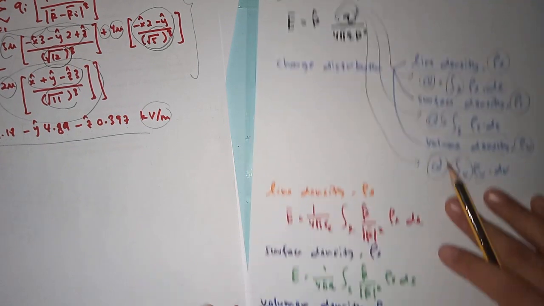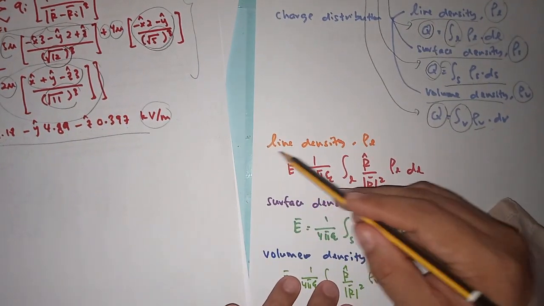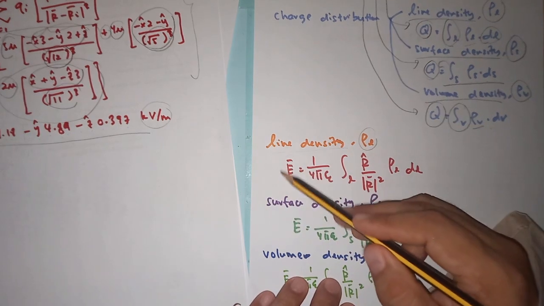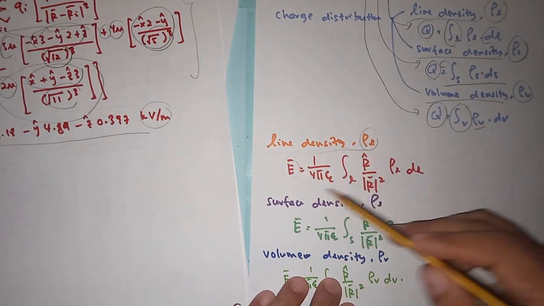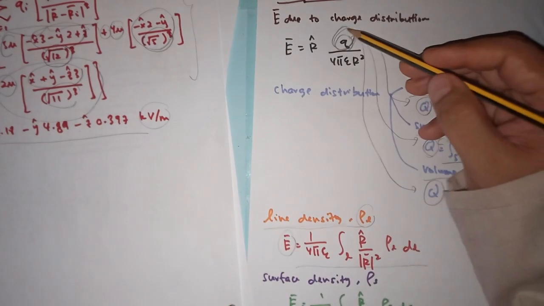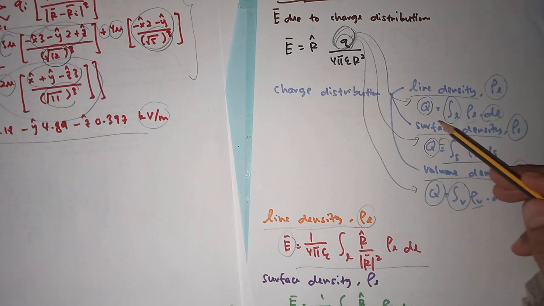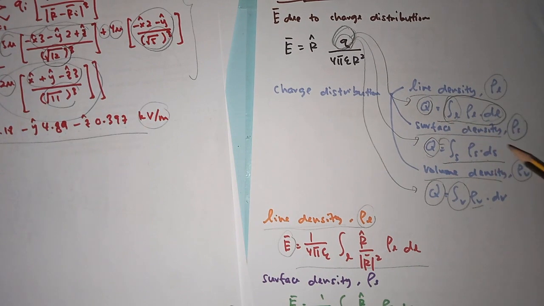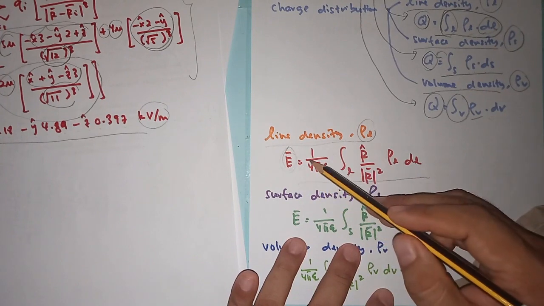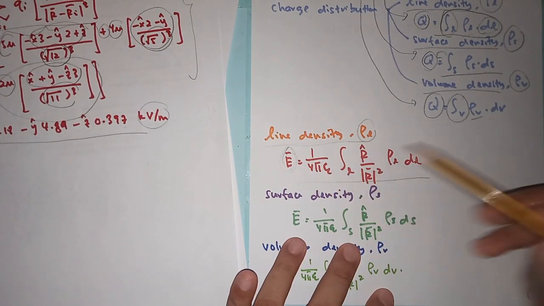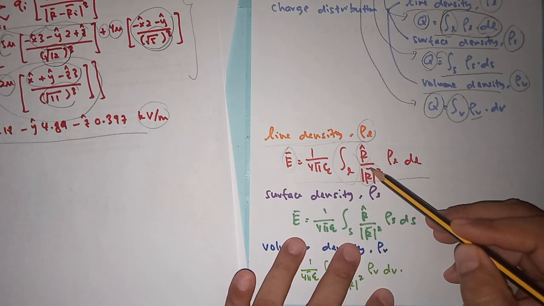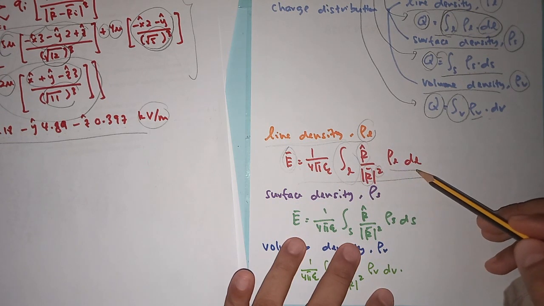Okay, so for example, if we have a line density of rho L, the electric field intensity produced by this charge is given by this formula. Basically what we have done is replace the Q here with the formula of this line integration. Therefore, the vector E is equal to 1 divided by 4 pi epsilon, line integration of r cap divided by the magnitude of vector r to the power of 2, rho L dl.